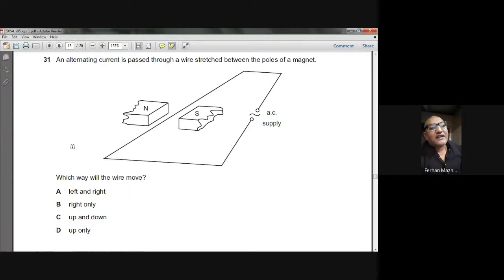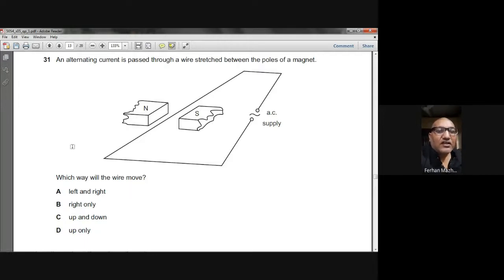In our course, we always place the conductor perpendicular to the magnetic field. The magnetic field is going from north to south, and the current is alternating current. So one time the current will flow towards me, and then away from me.